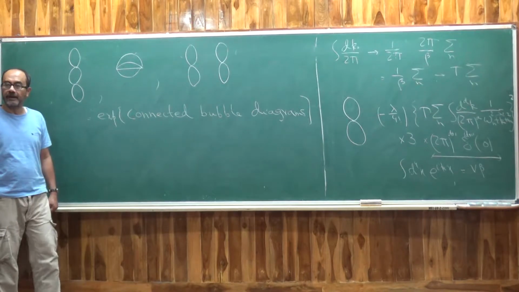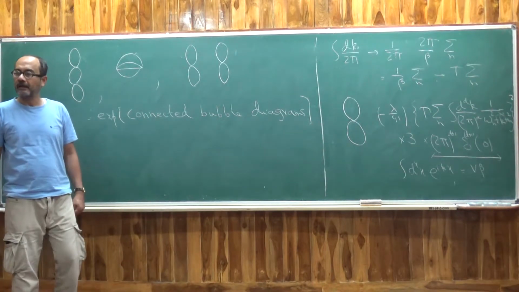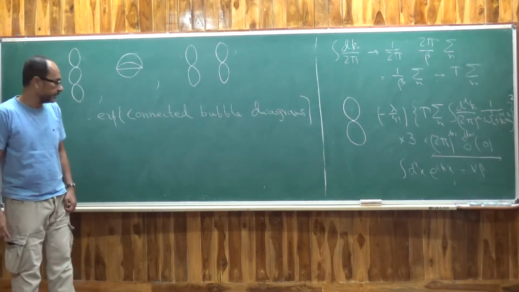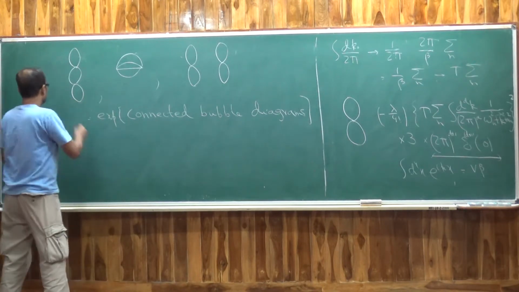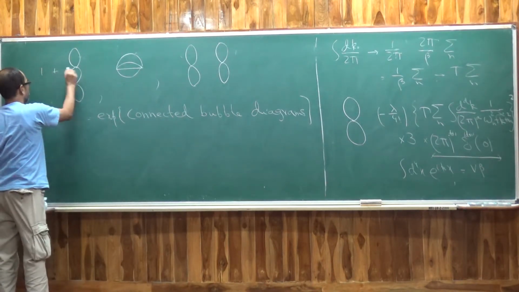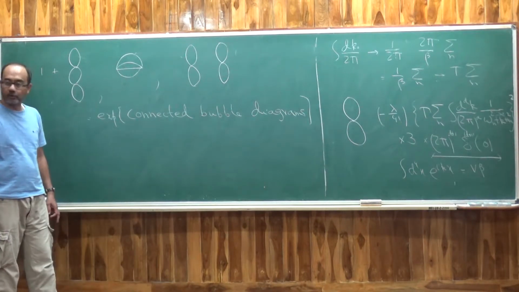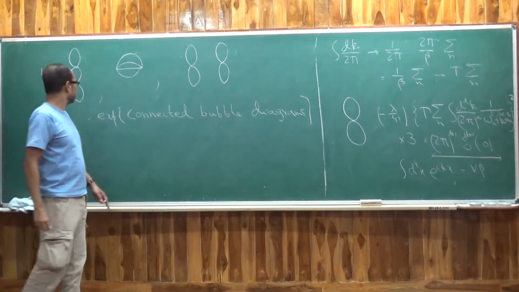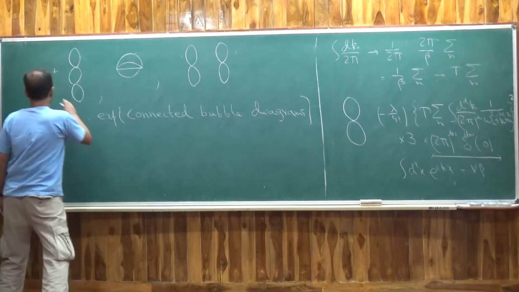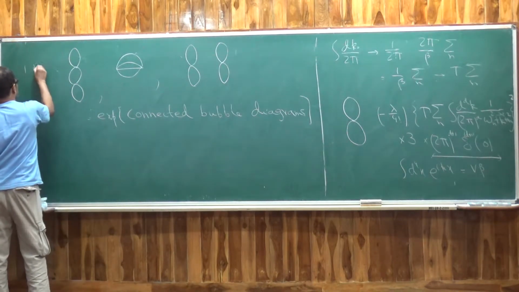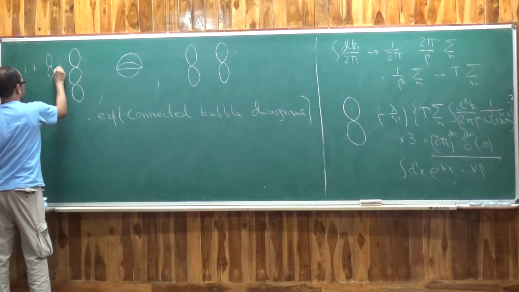All of it, after summing all of it. So the sum of all this, with 1 plus all of this. This one also, exactly: 1 plus all of this.